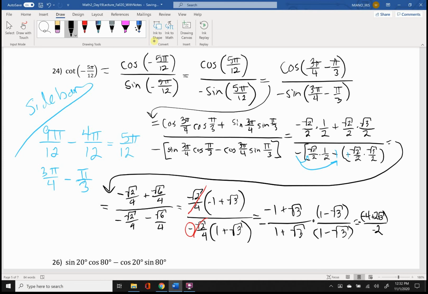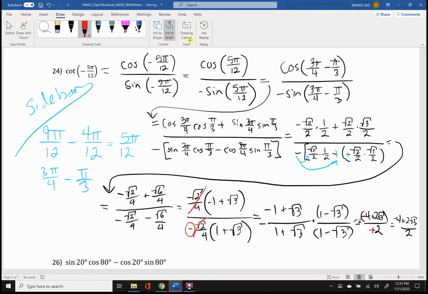And we can let this negative sign just be absorbed in the denominator, right? So this negative and this negative cancel each other out, okay? And then we just have to deal with the extra factor of 2 that exists. So it'll be negative 4 plus 2 root 3s over 2.